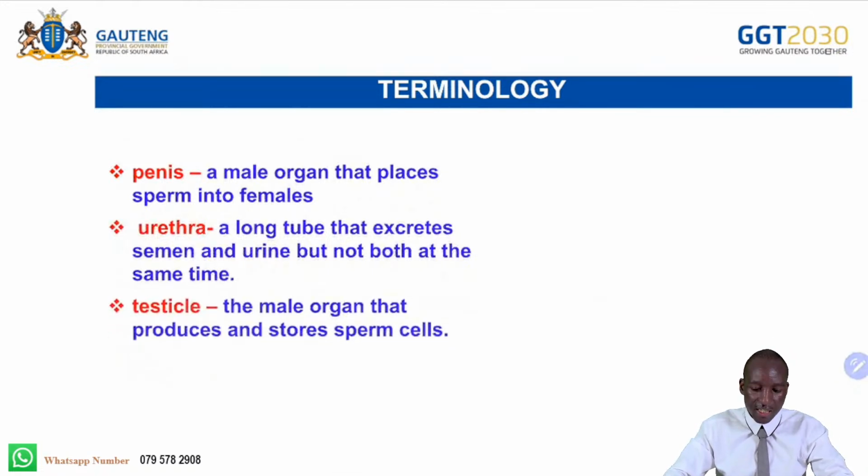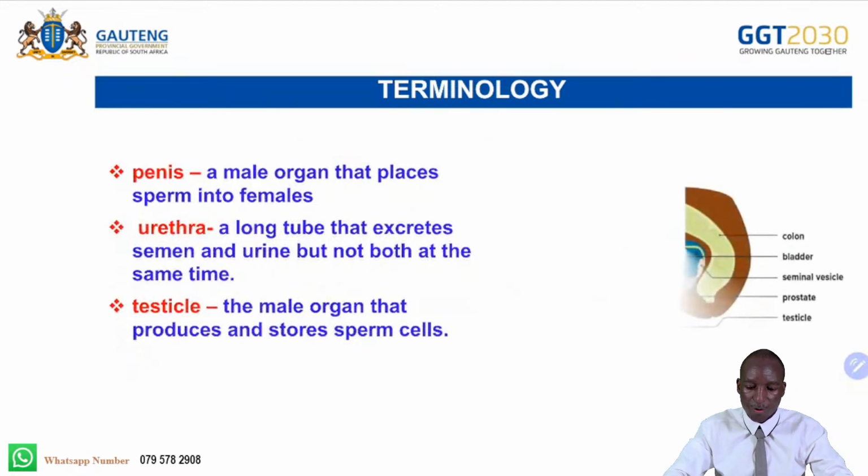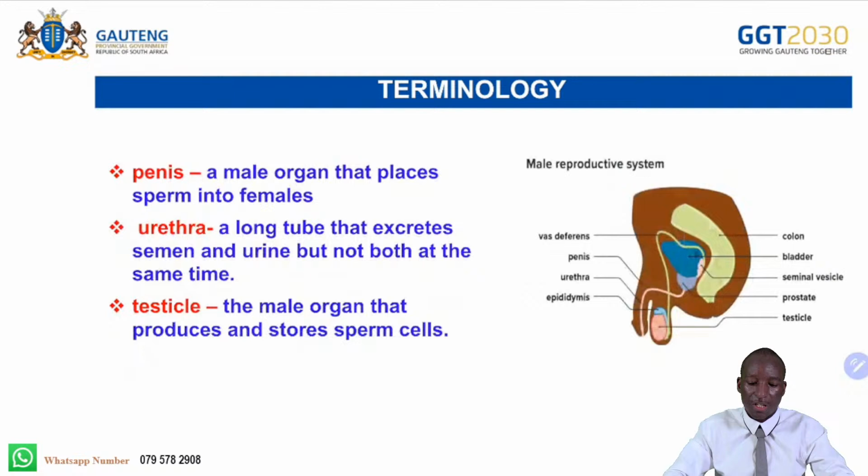The testicle. This is the male organ that produces and stores sperm cells, right? Sperm cells. So now shown there in our terminology, we've got the male reproductive system, where it shows all these organs that we've just been defining under our terminology, right?